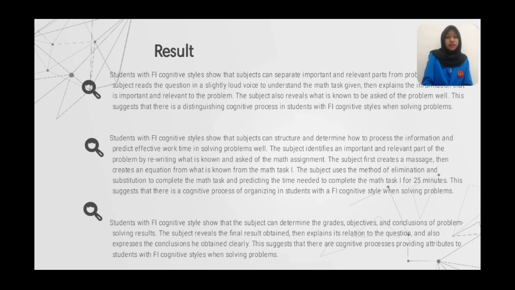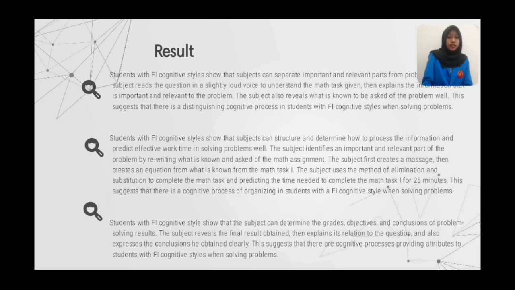Students with field-independent cognitive style also show that the subject can determine the grade, objective, and conclusion of problem-solving results. The subject reveals the final result obtained, explains its relation to the question, and also expresses the conclusion obtained clearly.